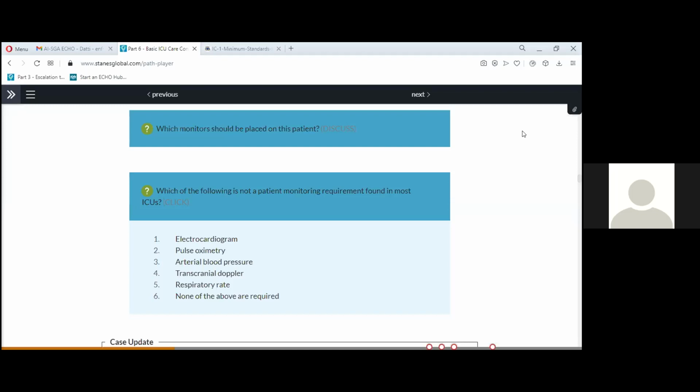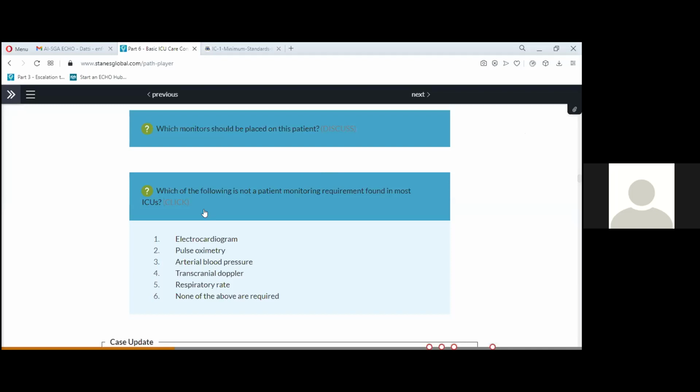found in most ICUs? So if you look at electrocardiogram, it is essential. We see that in most ICUs to monitor the electrical activities of the heart.